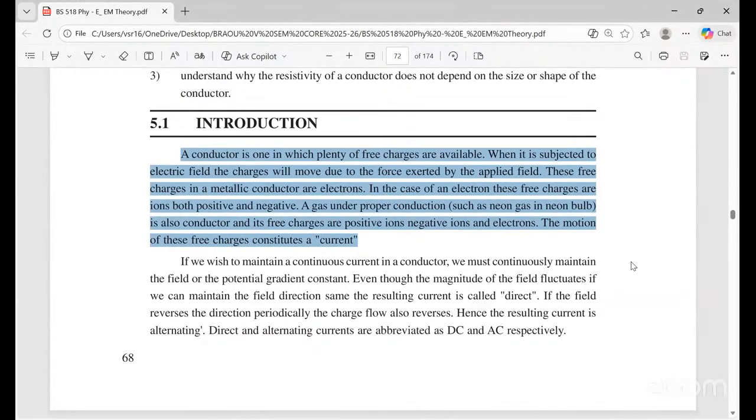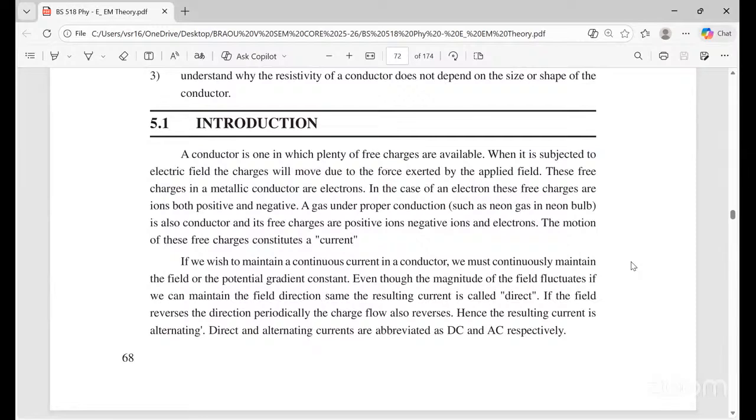Whenever a conductor offers plenty of free charges, then when you apply an external electric field to it, the charge carriers move through the conductor.